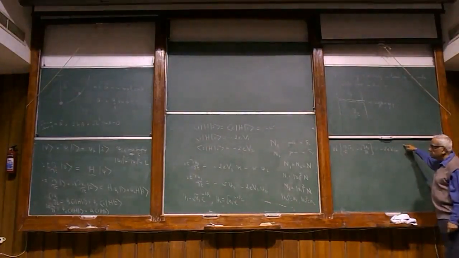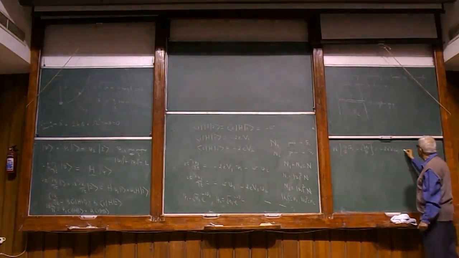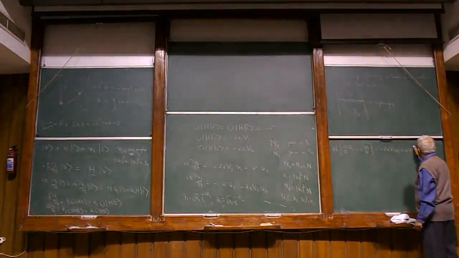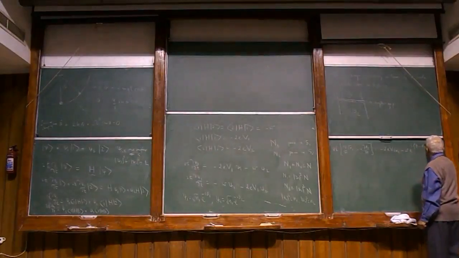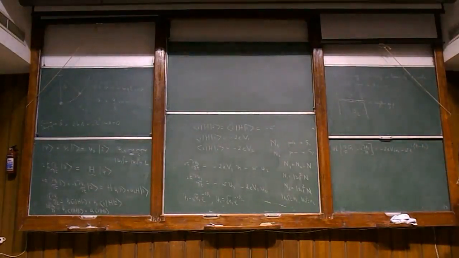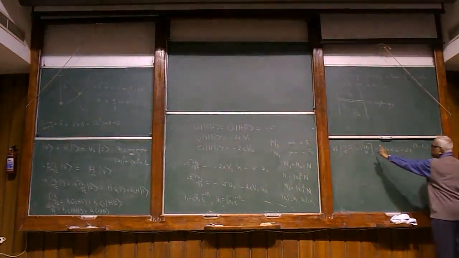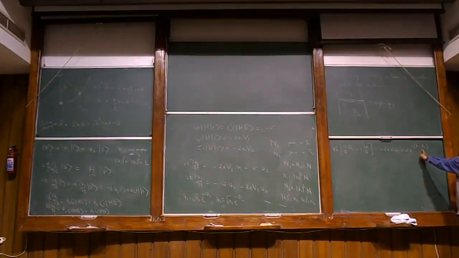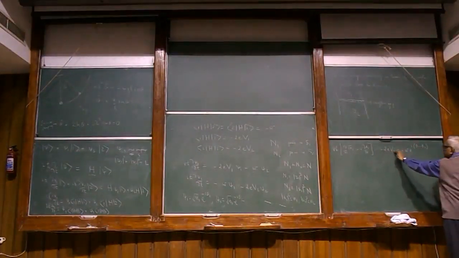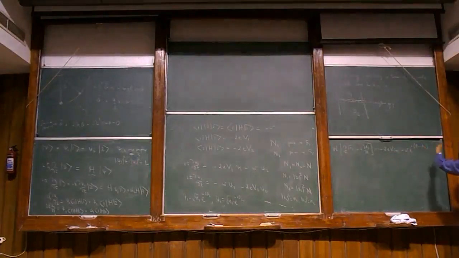This also has an e to the power minus i theta 1 minus w and e to the power i theta 1 minus theta 2. So I've taken the minus theta 1 from here, put it on this side, the phase has cancelled over here, and I have the phase difference over here.